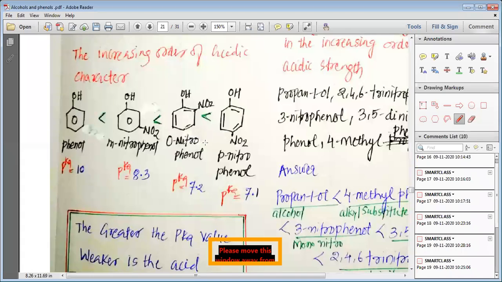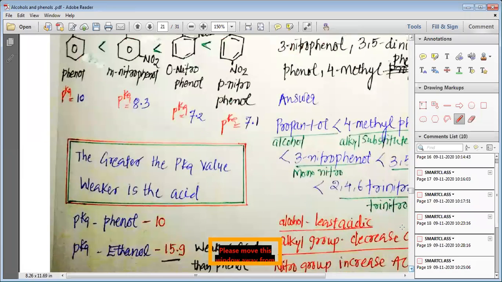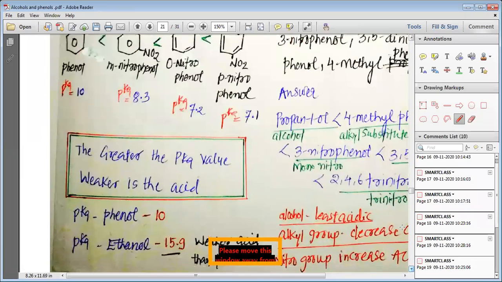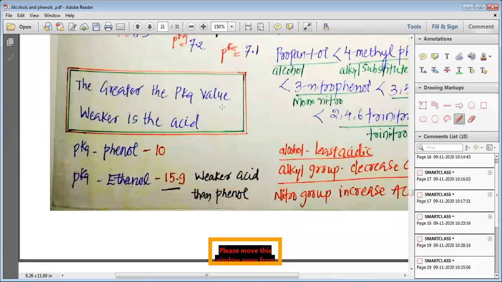Now, one question arises: why is orthonitrophenol less acidic than paranitrophenol? The reason is that when two groups, OH and NO2, are placed together in space, they have steric hindrance, and that is why paranitrophenol is more stable than orthonitrophenol, and that is why paranitrophenol is more acidic than orthonitrophenol. The greater the pKa value, the weaker is the acid.